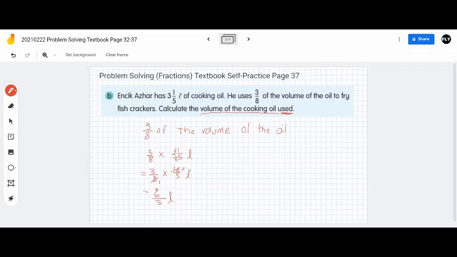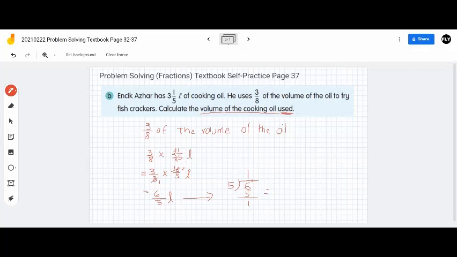Okay, this is an improper fraction. You cannot leave your answer like this. You have to convert it to a mixed number. So for a mixed number you have to divide. So 6/5 is also 6 divided by 5. 5 times 1, 5. 6 minus 5 is 1.